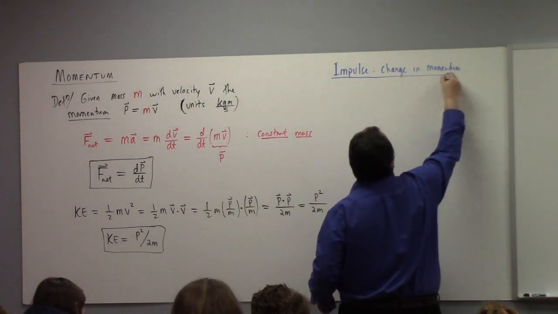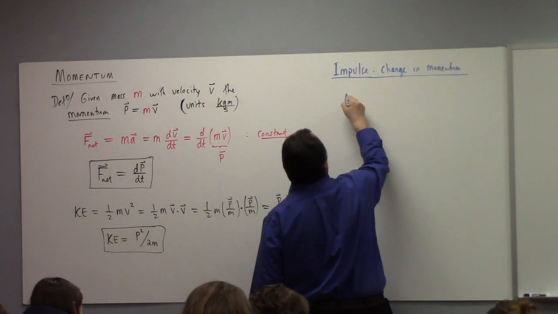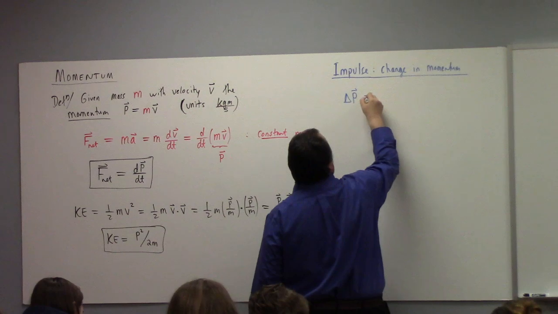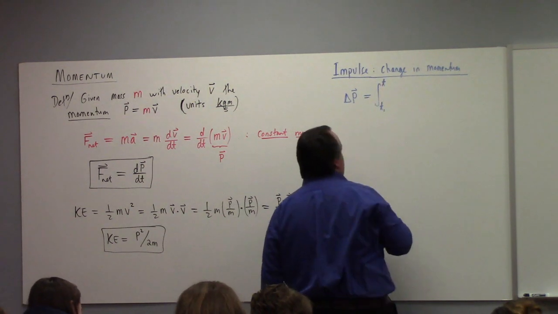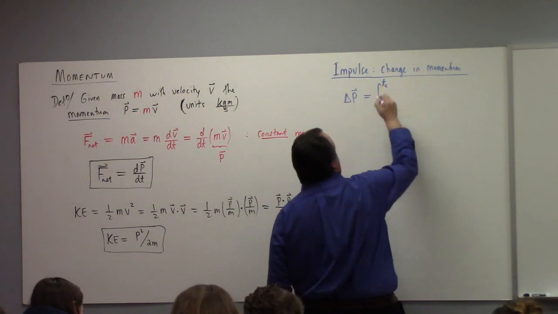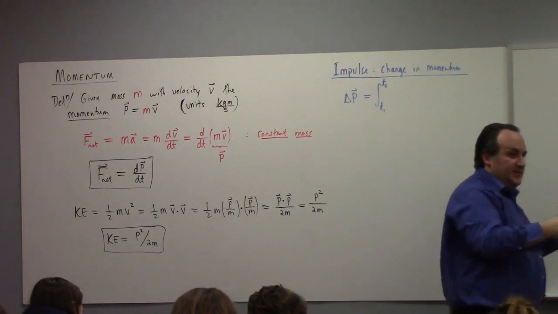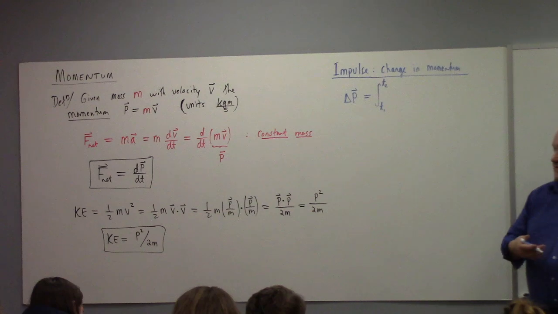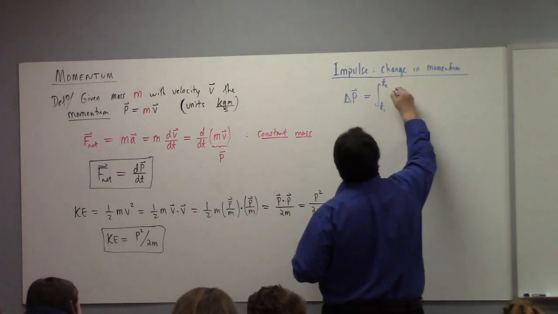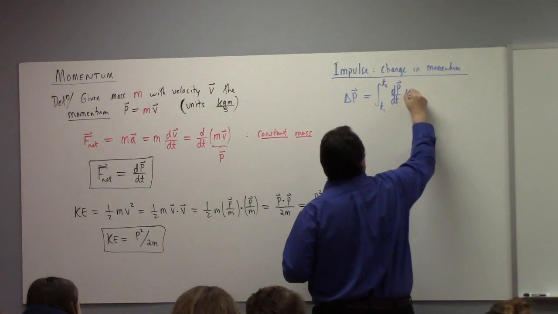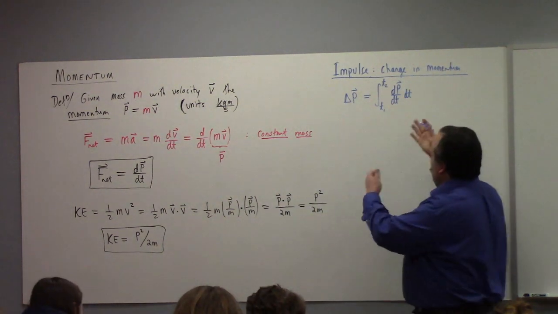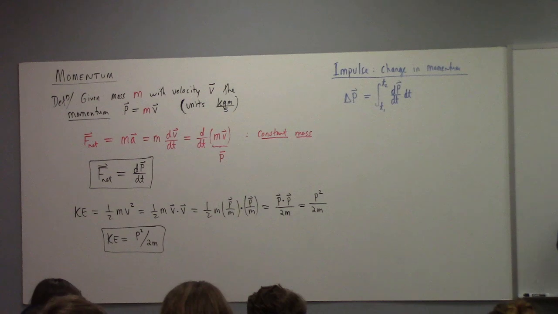So delta p is the integral from t1 to t2 of dp/dt. That would be the net change theorem. If we integrate the infinitesimal rate of change, that gives us the net change. So that's just calculus.